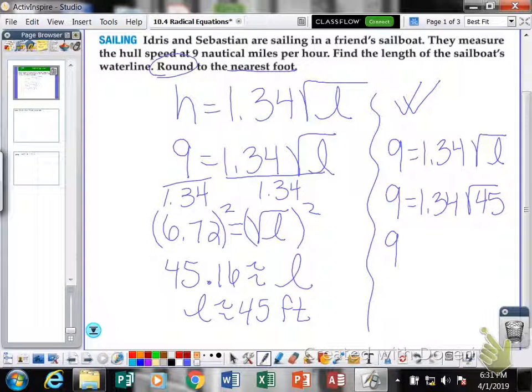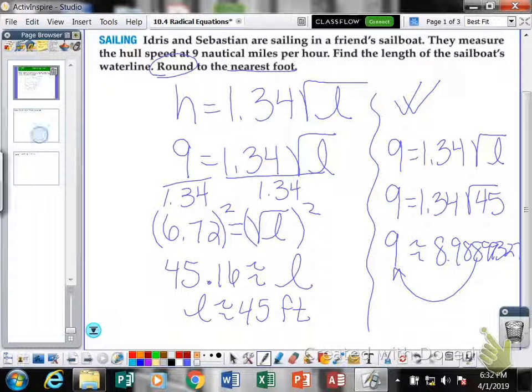You can do this on your calculator, double check my work: 1.34 times the square root of 45, and I get roughly 8.989. So obviously it's very close to 9, so we did really well there. It's not going to be exact because we said it's approximate, so we rounded.